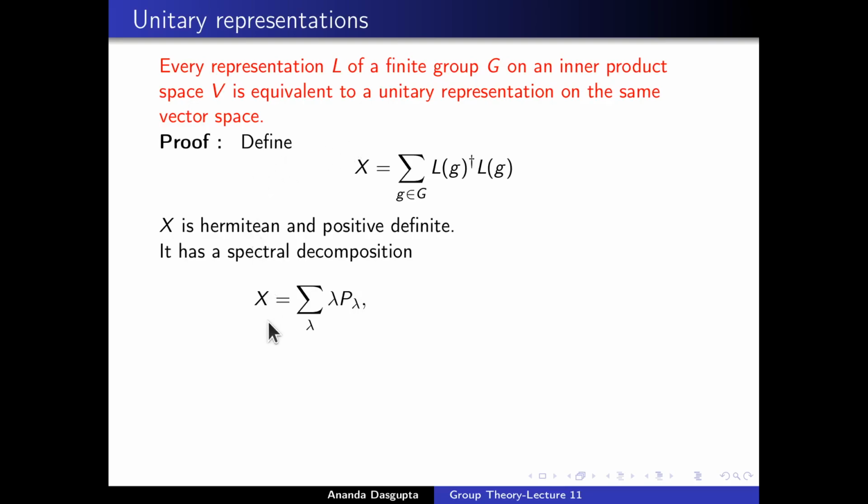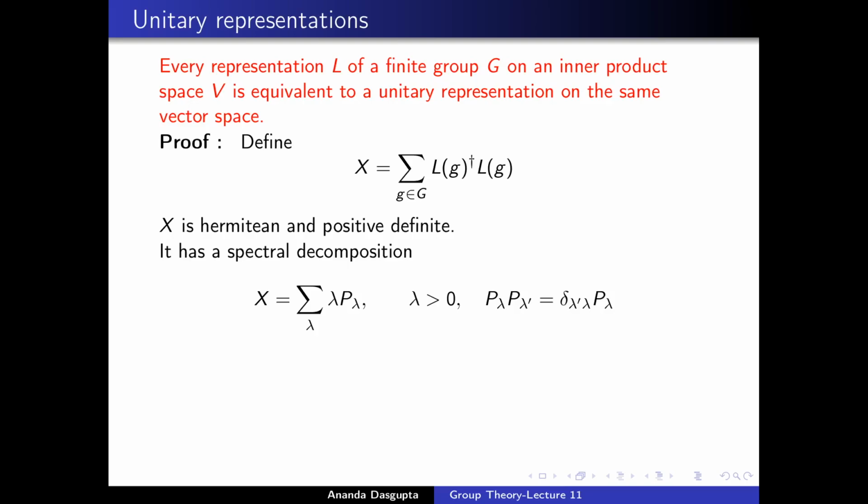It can always be written as a sum over some eigenvalues lambda of lambda times P_lambda, where all the lambdas are necessarily positive and the operators P_lambda are actual projection operators. That is, they obey the property P_lambda' P_lambda = delta_lambda'lambda P_lambda.